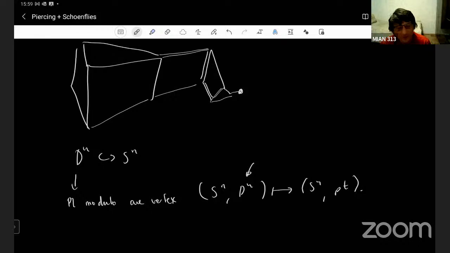Maybe some problem can happen if there is some kind of knotting. Yes, that's what I was thinking about, but I couldn't construct an example. This D^n is PL modulo one vertex, so it could be wild at that vertex, right? Yes.